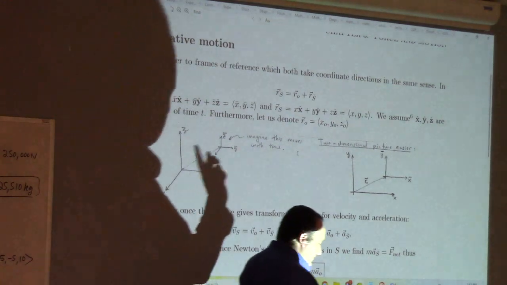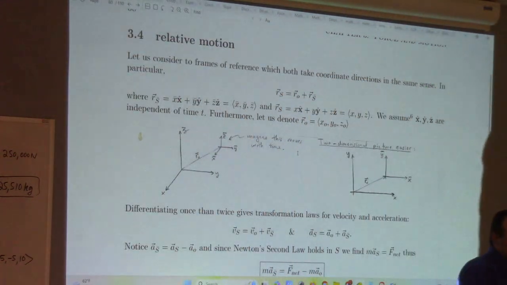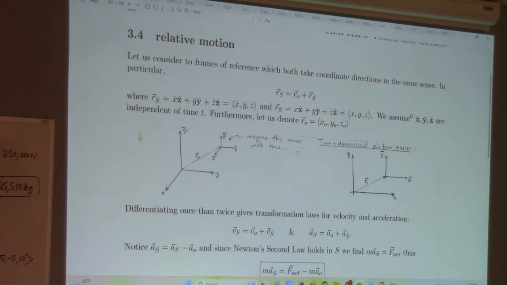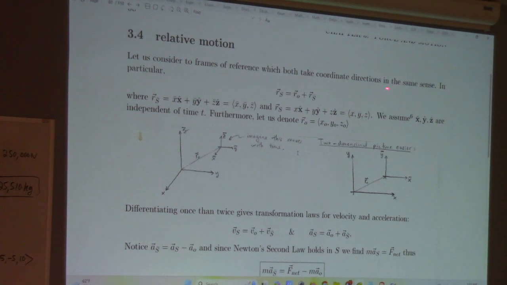All right, but this one matters. This section matters. Here's the big difference. Now I'm looking at two coordinate systems, all right? And do you notice what's missing, relative to the last discussion? Now I'm just assuming that the coordinate axes are oriented in the same way.